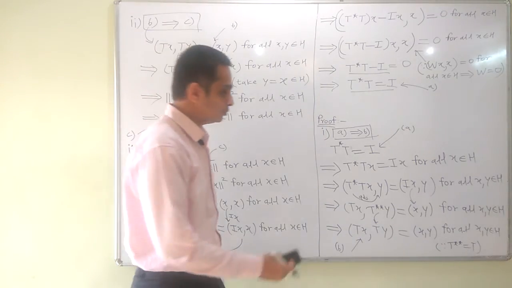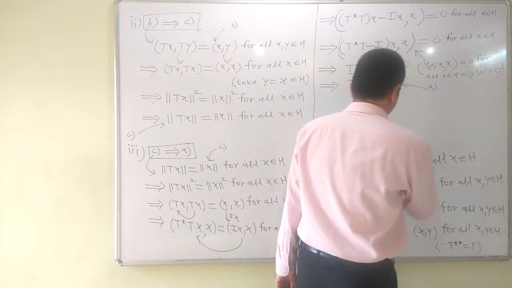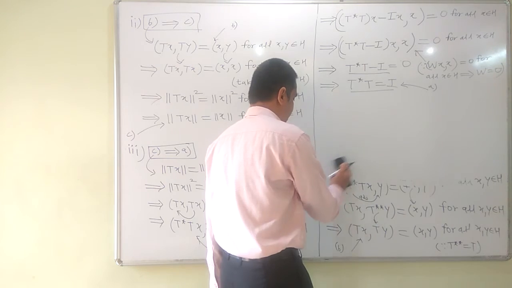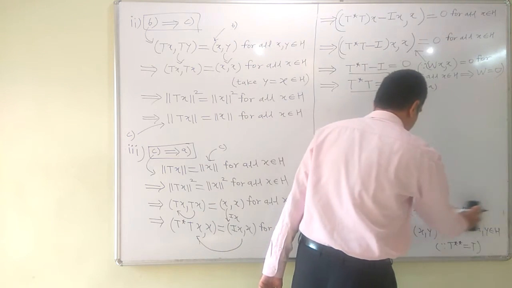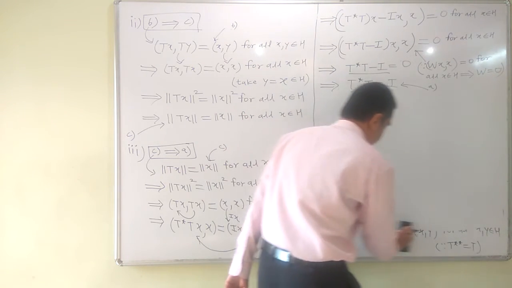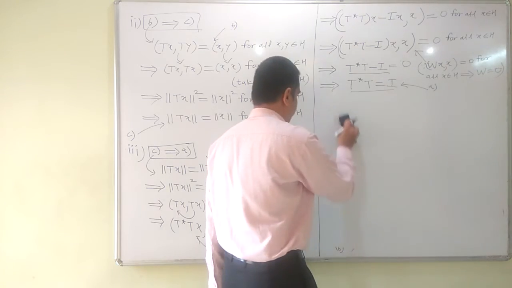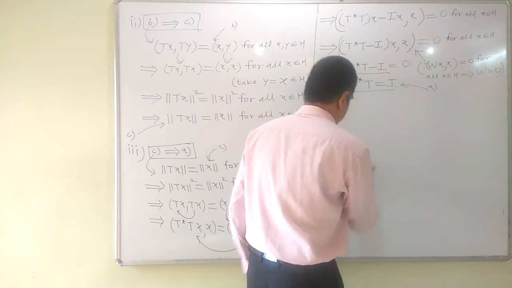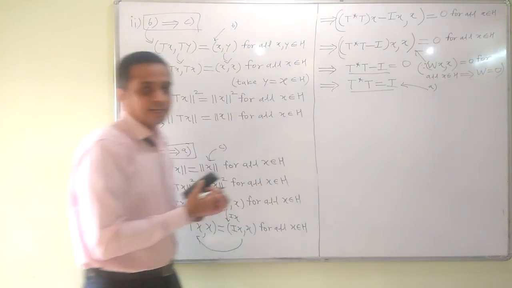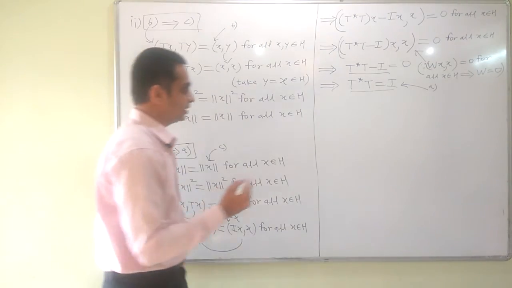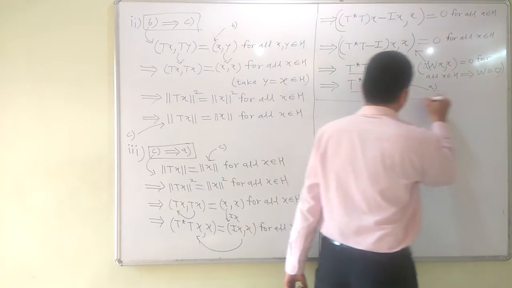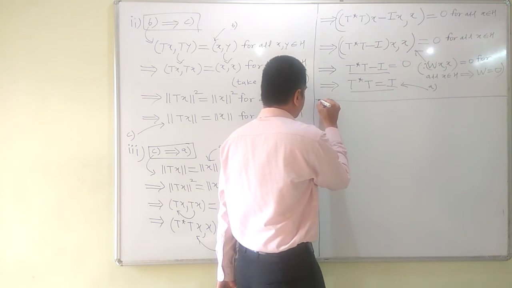Finally, let us obtain an equivalent definition of unitary operators. In this result, we will get an equivalent definition of unitary operators. So, the statement of the theorem is this.